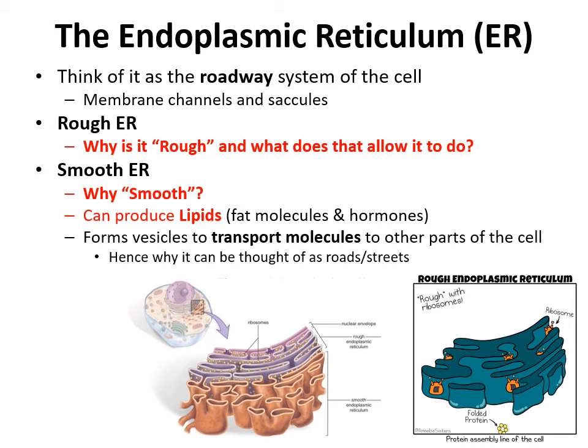They form vesicles, meaning little round sacs, or picture a round bag. They're bagging up these lipids that they just produced, and they transport them in vesicles to other parts of the cell where they are needed. So the ER, or the endoplasmic reticulum, helps produce molecules and also helps package and ship them out.